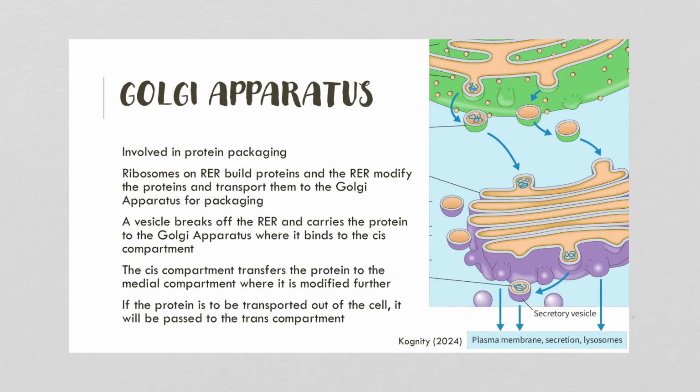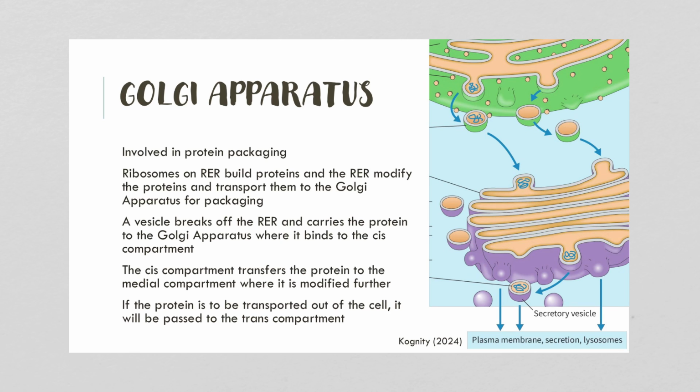The Golgi apparatus, its job is to package up proteins. So ribosomes on the rough endoplasmic reticulum build proteins, and the rough endoplasmic reticulum modifies those proteins and then transports them to the Golgi apparatus for packaging. A vesicle will break off of the rough endoplasmic reticulum, as you can see here, and then it will carry the protein to the Golgi apparatus, where it will bind to the cis compartment, right here.